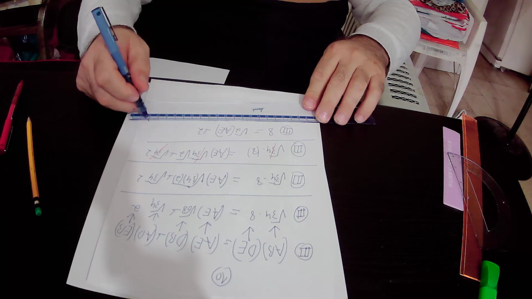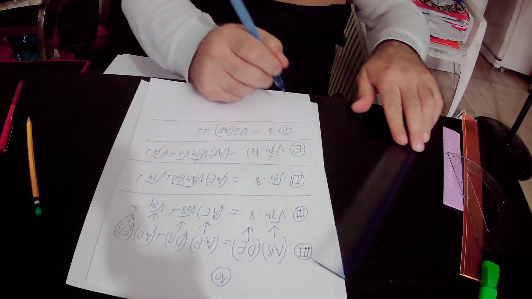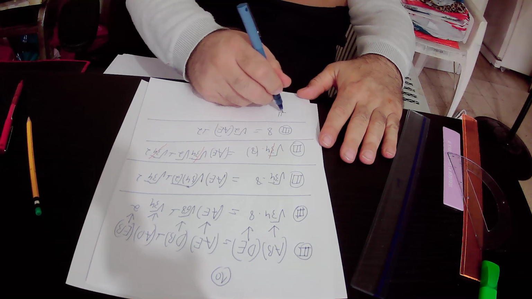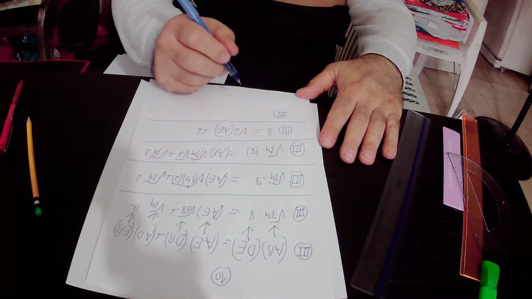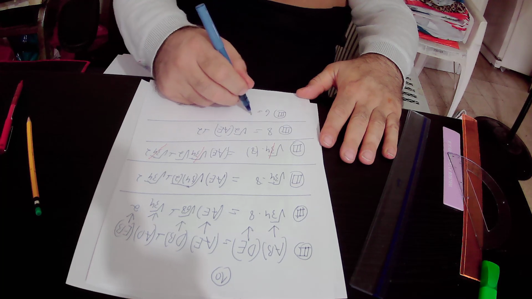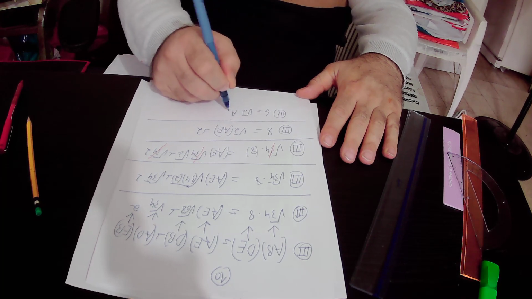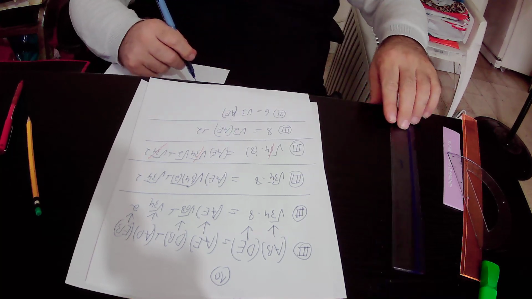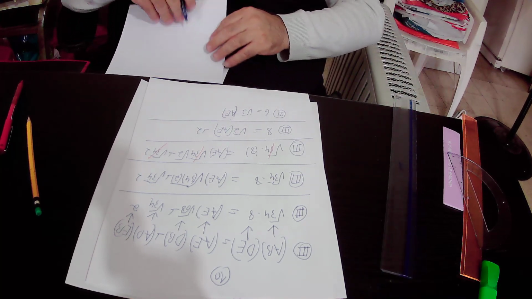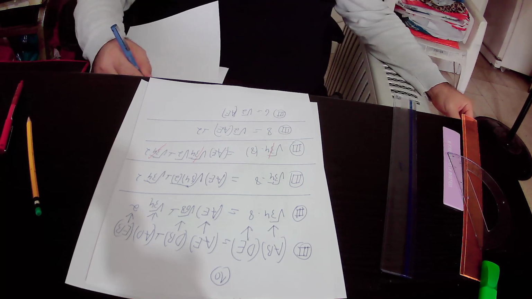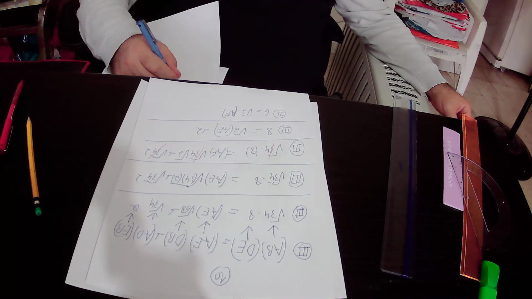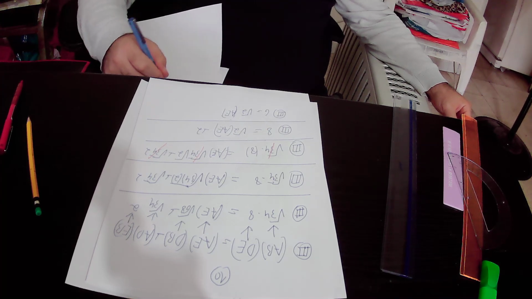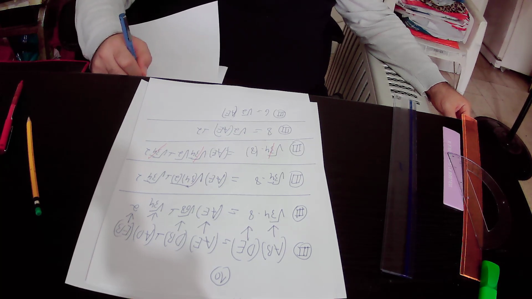So here we subtract 2, and we get that 8 minus 2 is 6, so 6 equals the square root of 2 times AE. Here we divide by the square root of 2, and we get that the missing line segment we are looking for, AE, equals 6 over the square root of 2.